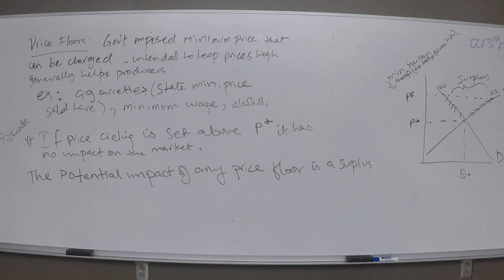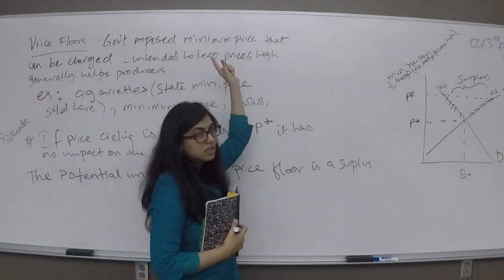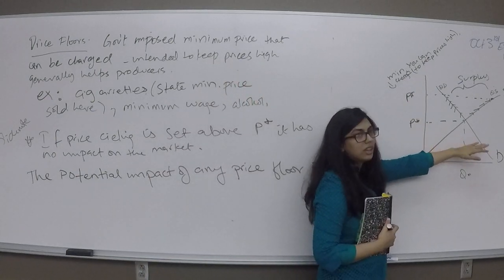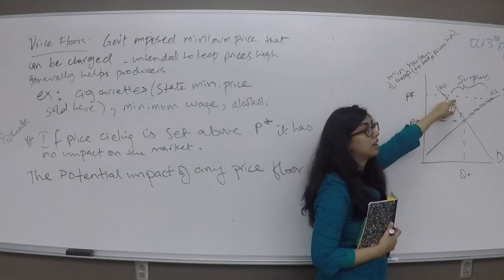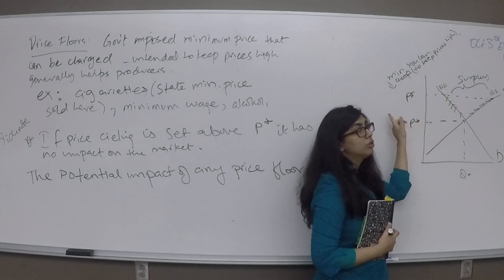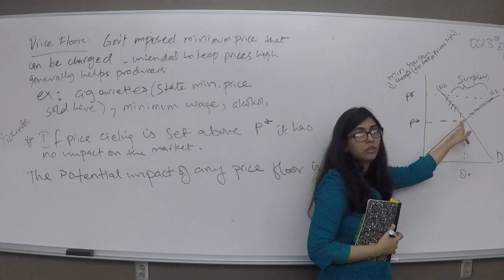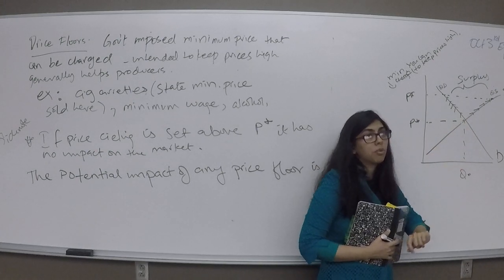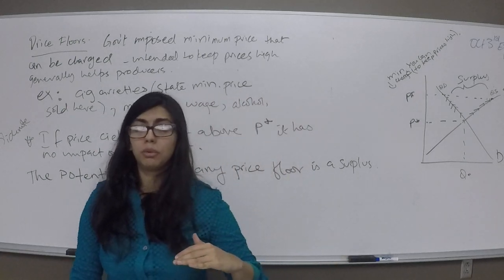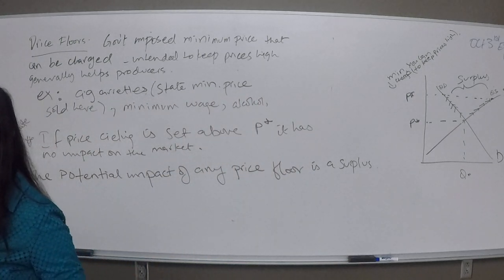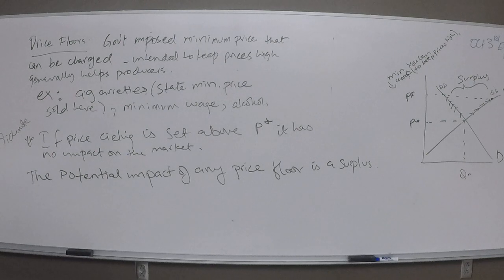But don't get confused, because this is a floor, don't think that it will create a shortage. Price floors create a surplus. It's usually above equilibrium price and it creates a surplus. And price ceiling is below equilibrium price and creates a shortage. It's kind of opposite of what it sounds, so be careful about that.